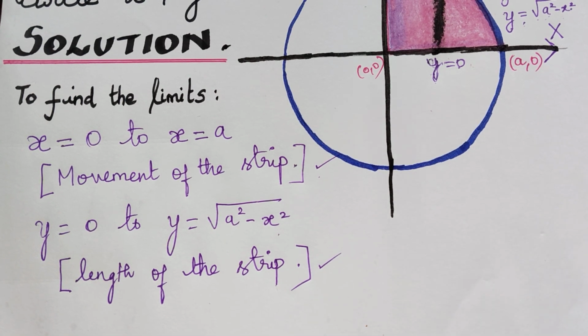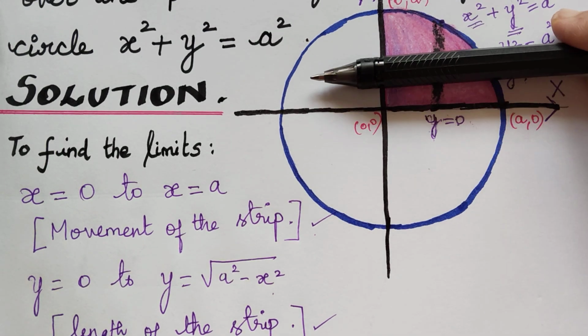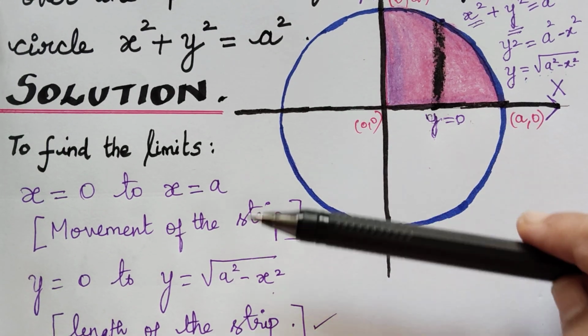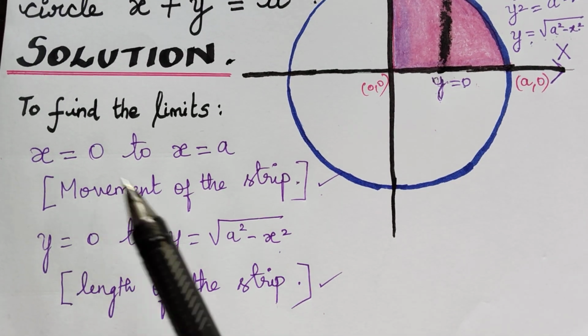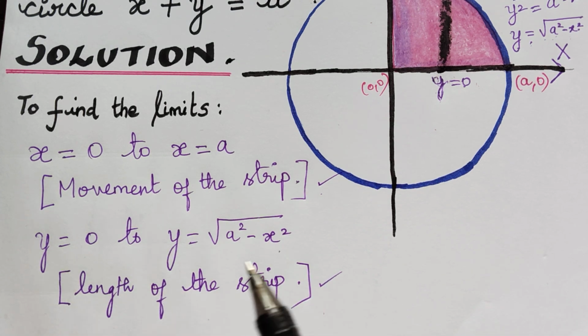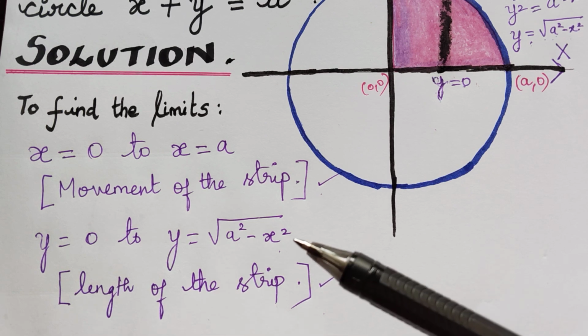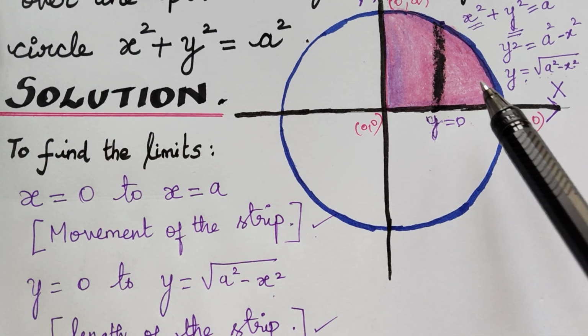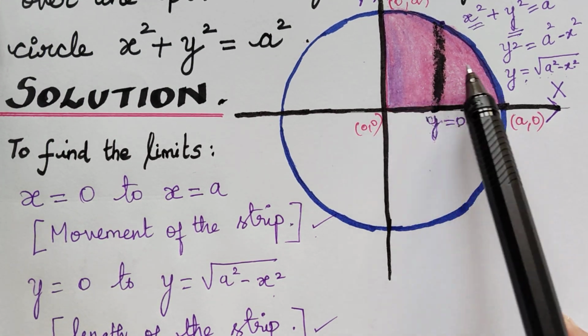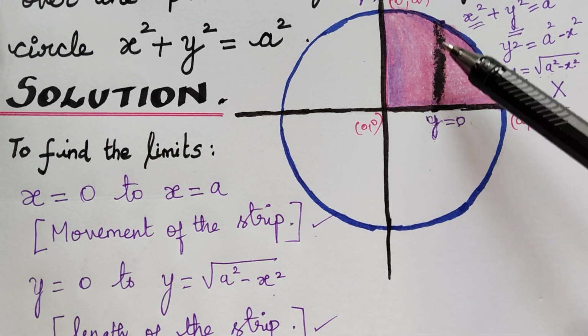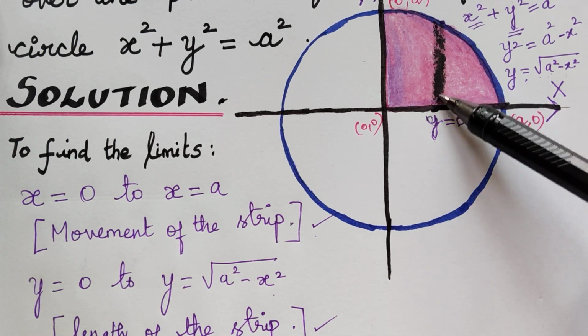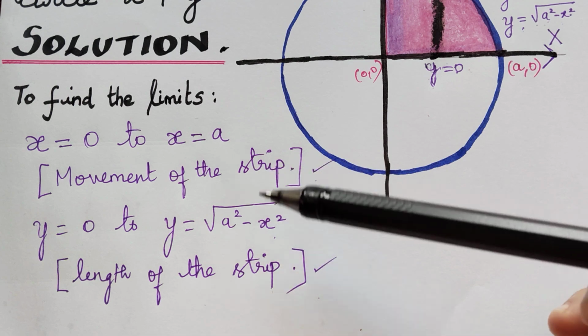We can also draw the strip horizontally, in which case the limits will change. y will vary from 0 to a, and x will vary from 0 to square root of a square minus y square. It is the other way of doing the problem. It can also be solved in that manner by drawing the strip parallel to the x axis. Here we have chosen to draw the strip parallel to the y axis, and so these are the limits.